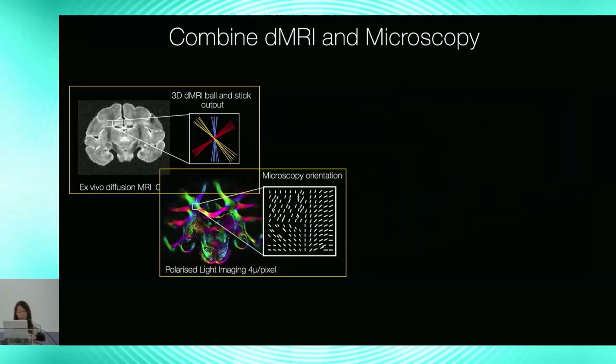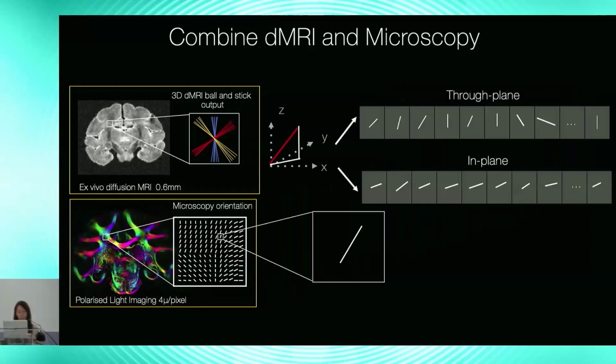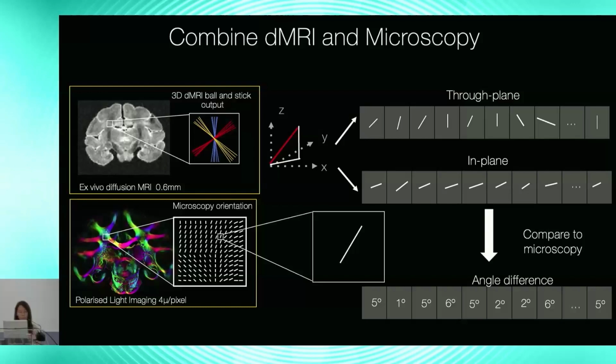And then we take each microscopy orientation. To make these two orientations comparable, the first thing we do is decompose the 3D orientations from diffusion into 2D. So we decompose them into the through-plane orientation and the in-plane orientation by projecting onto the microscopy plane. Then we compare the in-plane orientations to the microscopy orientations. We can know which ball and stick sample is most aligned with the microscopy orientations by calculating these angle differences.